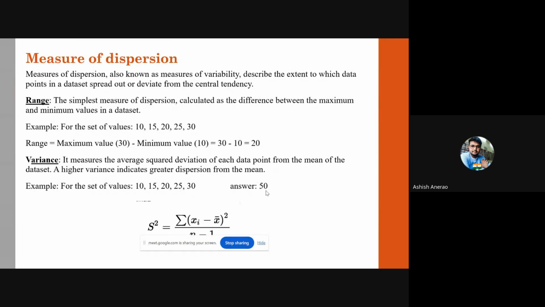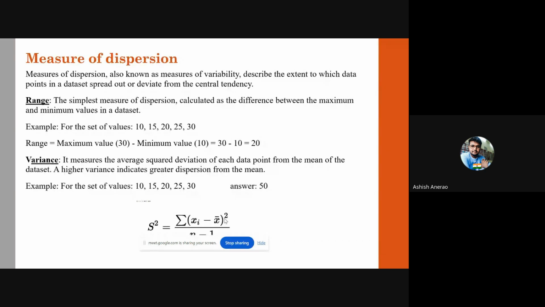If you draw these values on a sheet, we find that some distances are positive and some are negative. That's why we take a square. After that we take the summation of all these things and divide by the total number of observations minus 1.